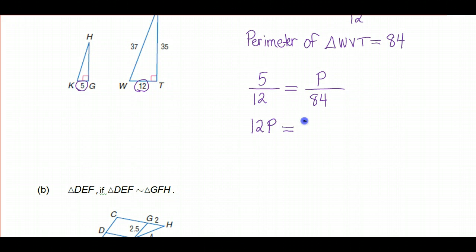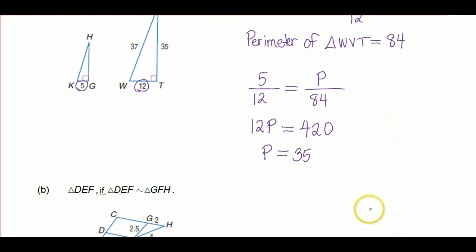Is the answer 35? Yeah, because do we even need to cross multiply? Because you can see that 12 times 7 is 84, so 5 times 7 is 35. Good. So you could just look at the ratios, and that's what Josh was saying. If you notice that 12 times 7 is 84, then you know the numerator is going to be 5 times 7, which is 35. That's fine.